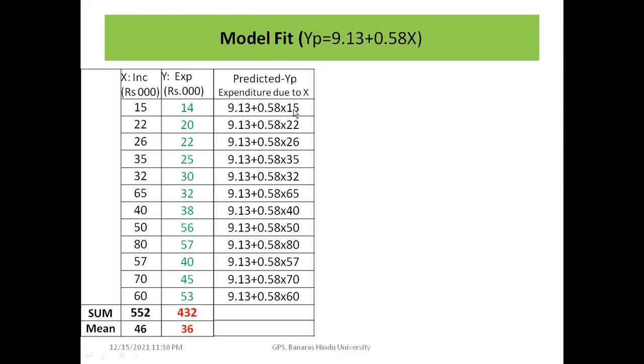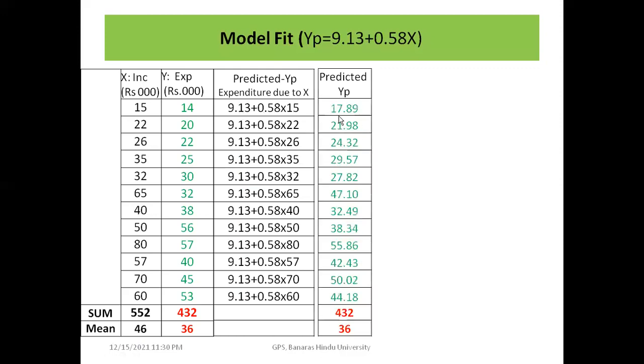See what happens. It comes to be 17.89. However, the actual expenditure was rupees 14. So this is the residual, meaning random variation. We were expecting 14, but the model is saying 17.89.